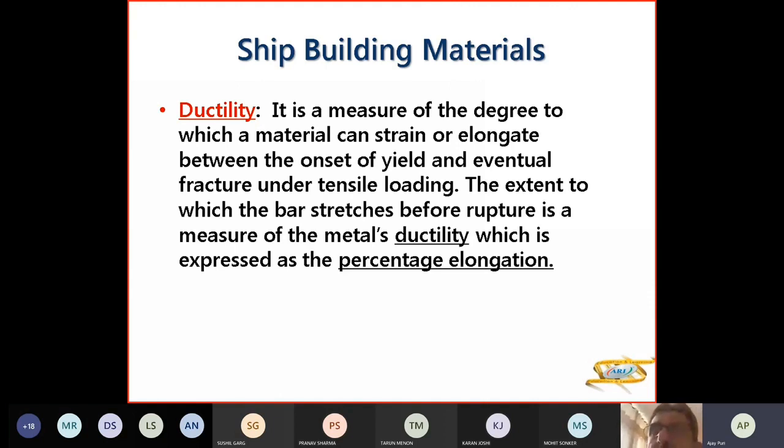It is the measure of the degree to which the material can strain or elongate between the onset of yield and eventual fracture under tensile loading. It is the extent to which a bar will stretch before it ruptures, and that is the measure of the metal's ductility. It can also be expressed as percentage elongation.